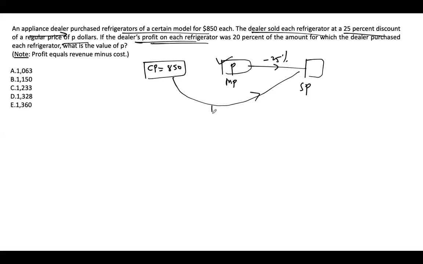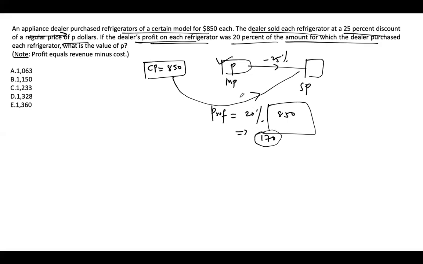If the dealer's profit on each refrigerator was 20% of the cost price, so 20% of 850 would be 170. What is the value of P? This is the relation.